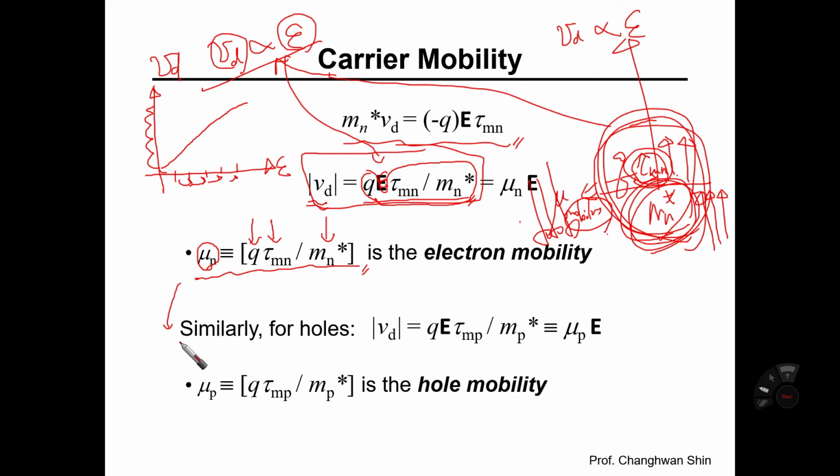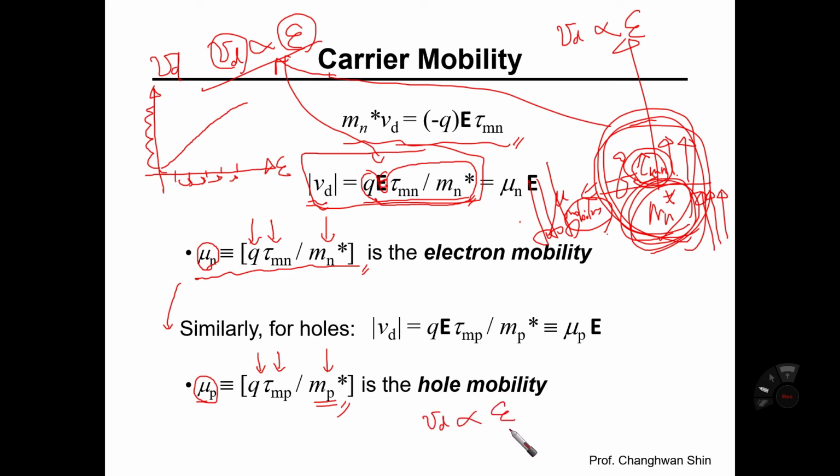Similarly, we may derive the hole mobility mu sub p: q times average scattering time over the hole's effective mass. Whenever you have a chance to hear about mobility, always think about drift velocity and electric field.